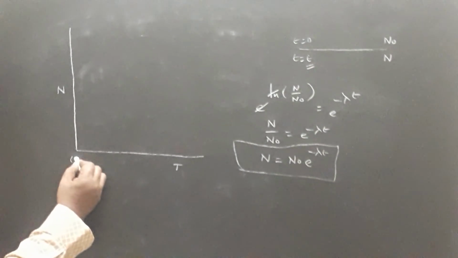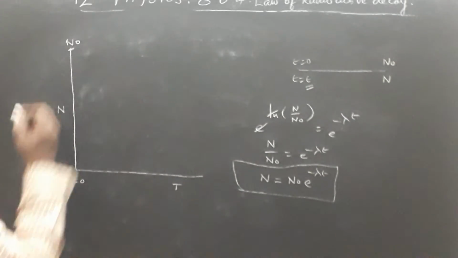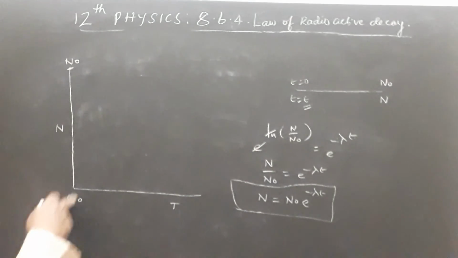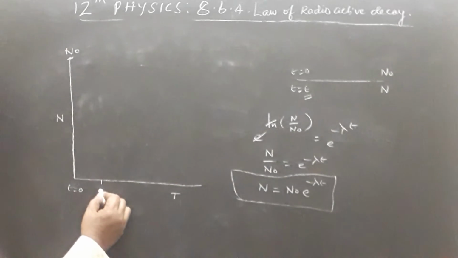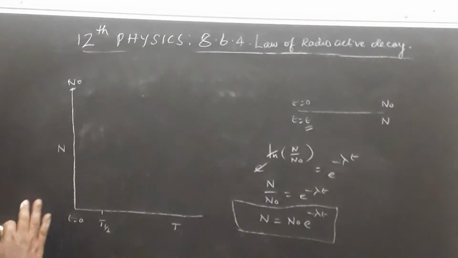When t equals 0, there is no decay, so the total is N naught. When t equals t half, half of the time.